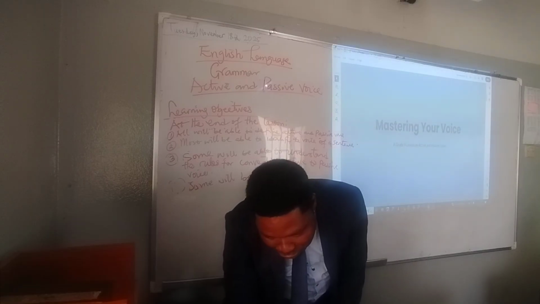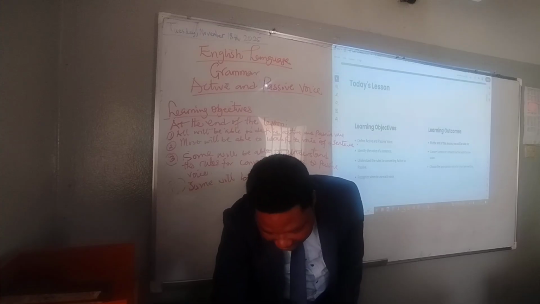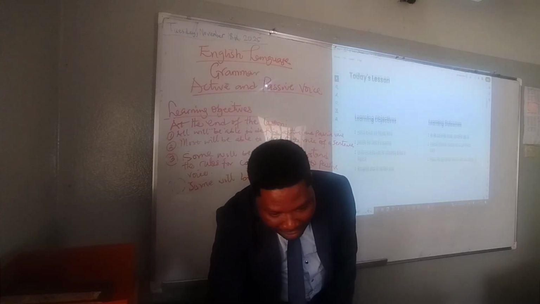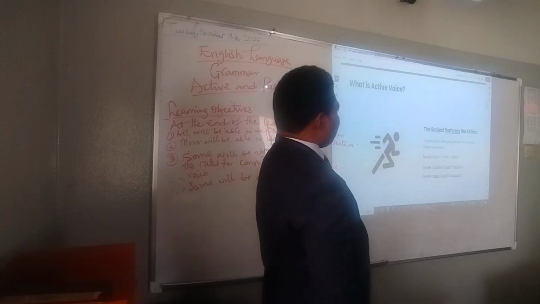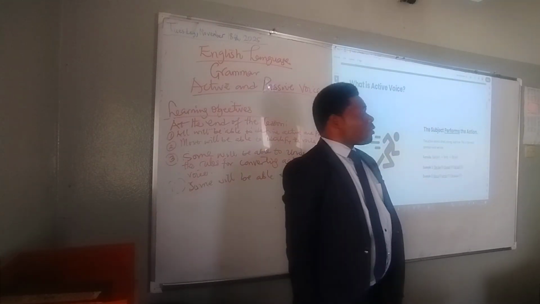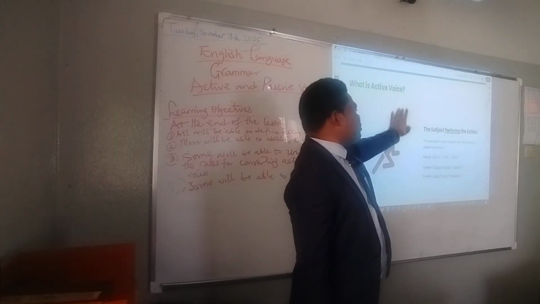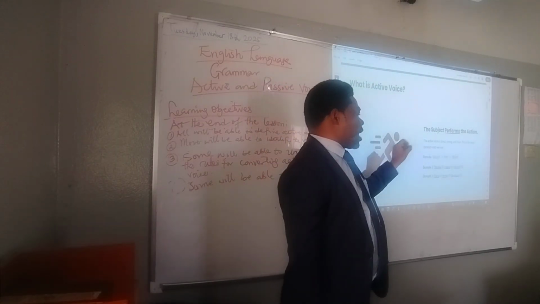Now let's move on to what active voice is in English. So today, when we say a voice is active, look at the screen. The subject performs the action. When we say that a voice is active, it means that the subject of the sentence performs the action.